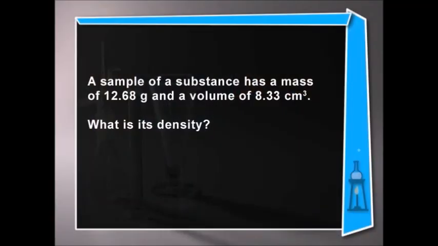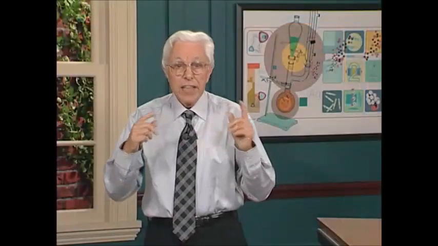Let's try problem number 2. A sample of a substance has a mass of 12.68 grams and a volume of 8.33 cubic centimeters. What is its density? Density tells you how much 1 cubic centimeter weighs.